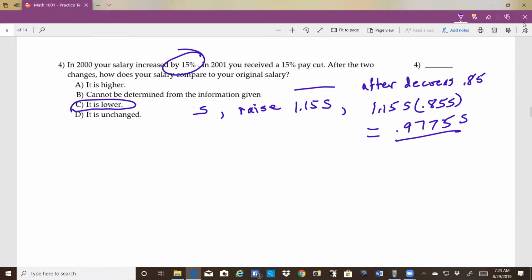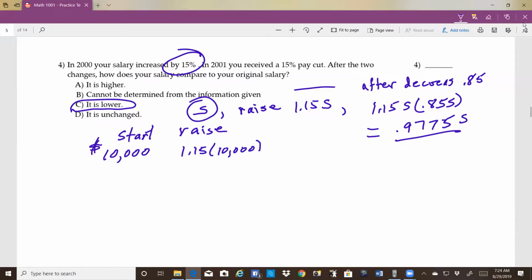Now, you can use a number for S if you desire and say, for instance, he's making $10,000 to start. And after the raise, he makes 1.15 times 10,000, which is $11,500.